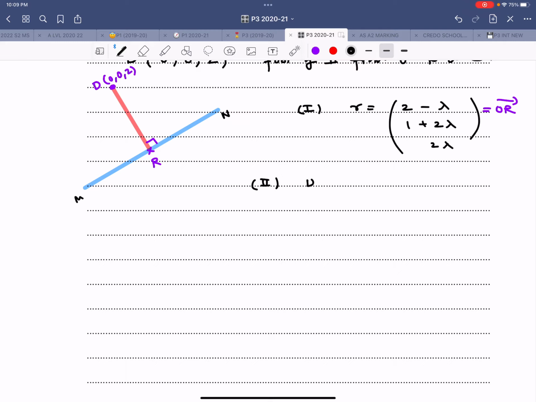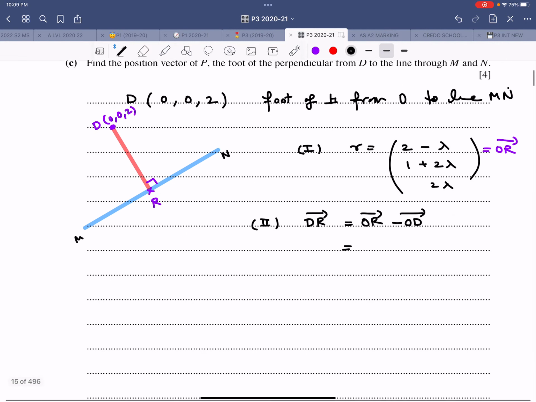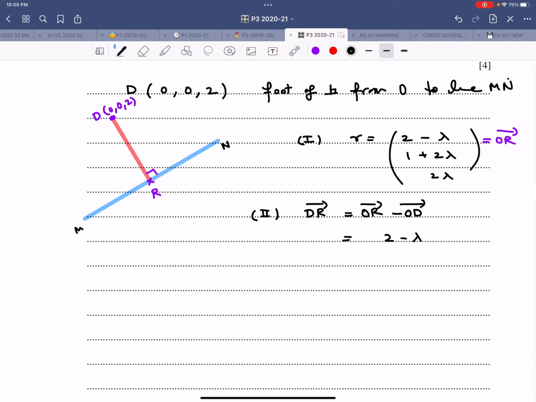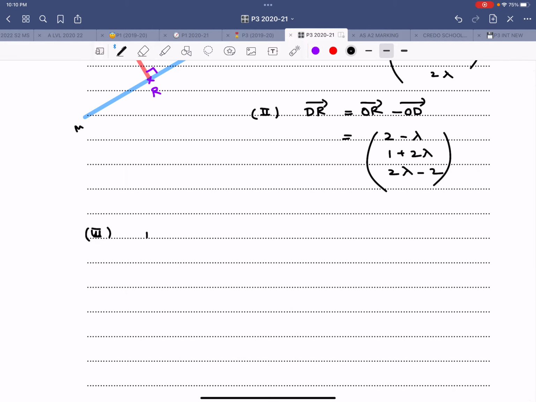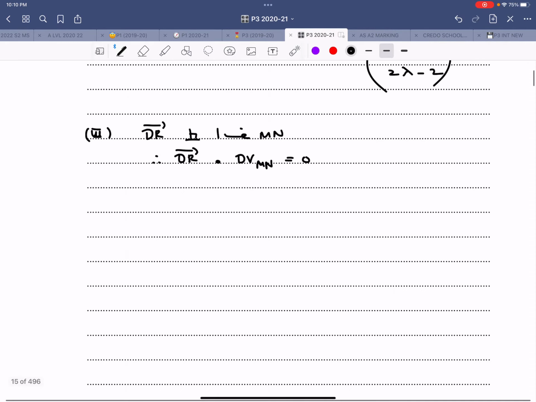What is DR? That is OR minus OD. So if I do the subtraction, 2 minus lambda minus 0 is 2 minus lambda, then 1 plus 2 lambda, and 2 lambda minus 2. This is DR, second step. Third step: DR is perpendicular to the line MN, therefore the dot product of DR with the direction vector of line MN should equal 0.